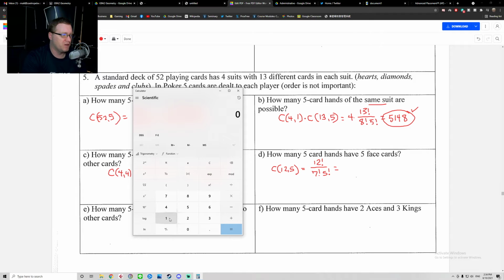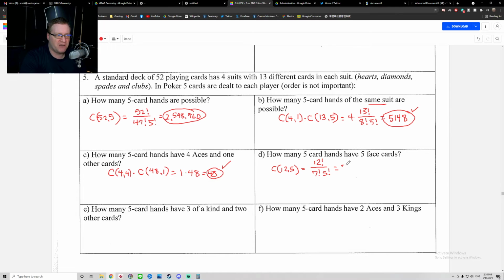All right, so we have 12 factorial divided by, and then use parentheses, 7 factorial times 5 factorial. Close the parentheses and hit equals. And you get 792. So there are 792 different ways to get a 5-card hand that has 5 face cards in it. Okay.